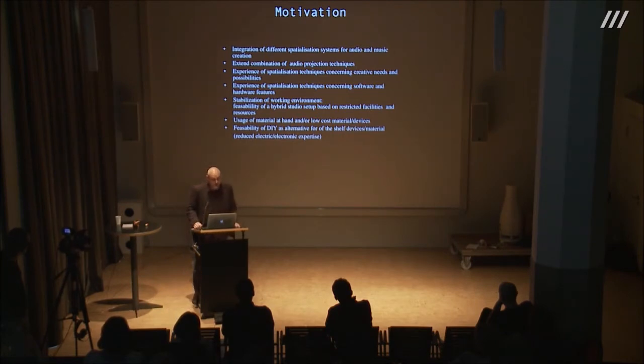In the end, naturally, as we have restricted resources, to combine these resources and put them together, and what we don't have, build it, and also really look if it's possible to build it in a very DIY, do-it-yourself way.